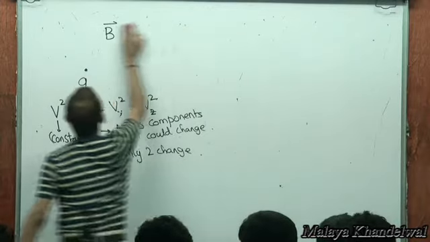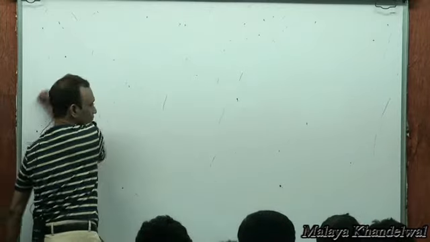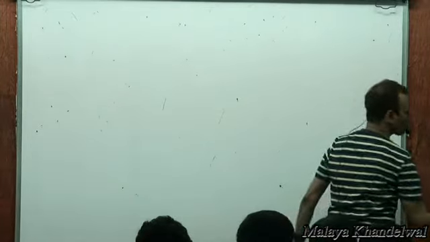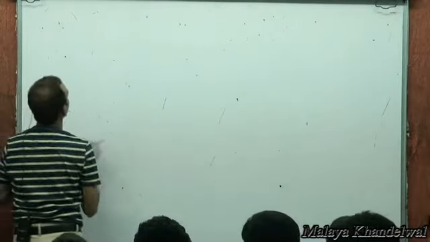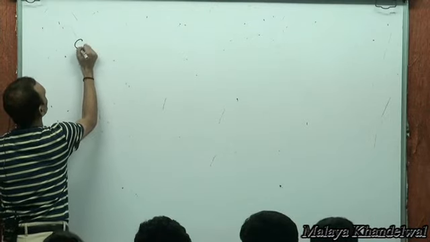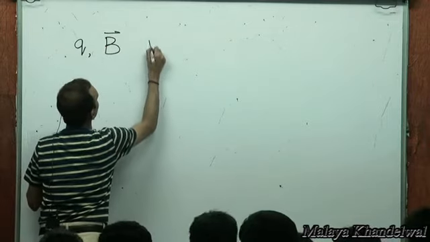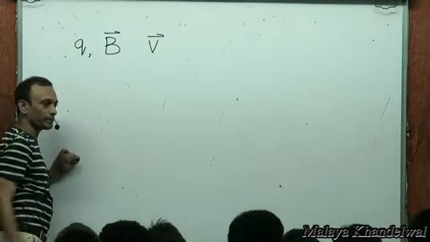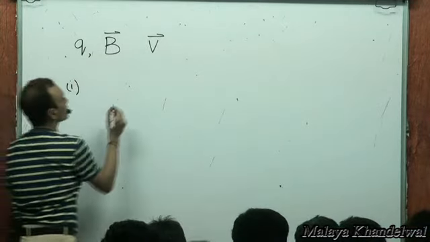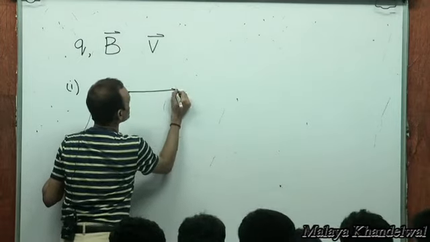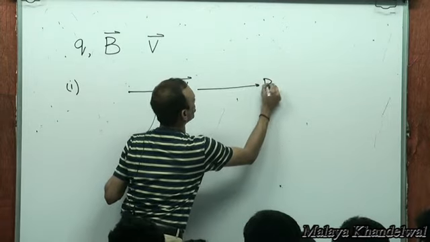Now, if a charge Q enters a magnetic field B with a velocity V, then there are various possibilities. One, say this is the velocity V and V and B are parallel to each other, parallel or anti-parallel.